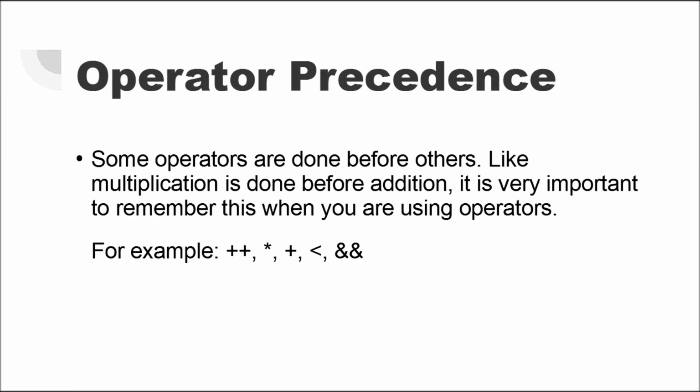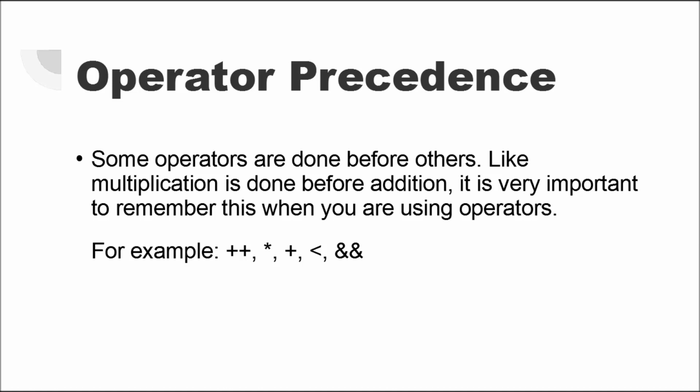Operator precedence. Yes, some operators are done before others, like multiplication is done before addition. It's very important to remember this when you're using operators. For example, plus plus, star, plus, bigger than, and. What this means is, well, it's kind of self-explanatory to a limit. Some operators are evaluated before others. Well, that's kind of a basic statement.